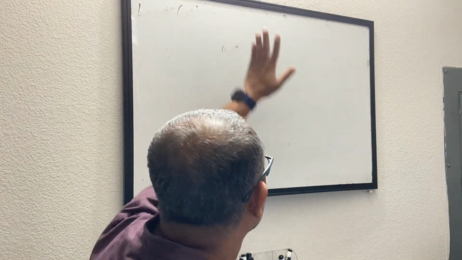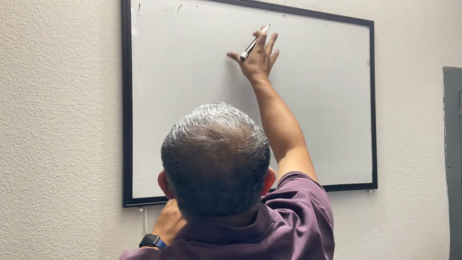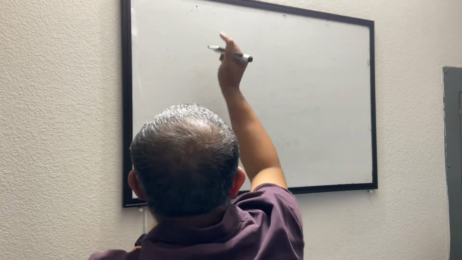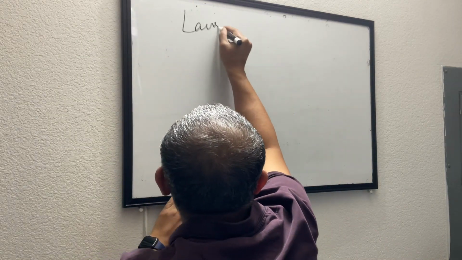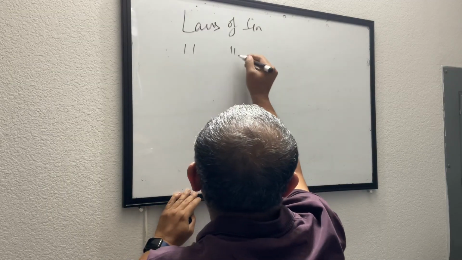Alright, so basically, whatever we have done so far, there are two laws we learned: law of sine and law of cosine.